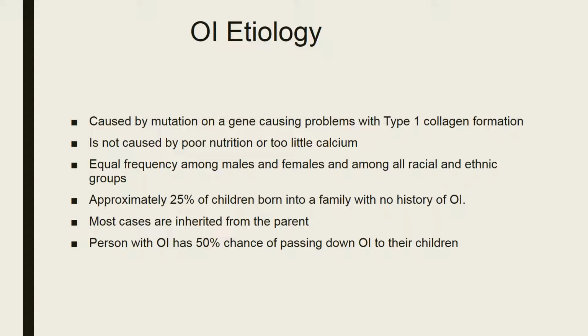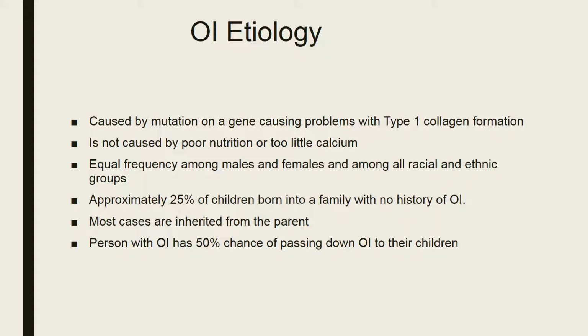Osteogenesis imperfecta is caused by a mutation of a gene that controls type 1 collagen formation. Type 1 collagen is found in skin, ligaments, and tendons, and the mutation causes demineralization of the bone and even the dentin of your teeth.